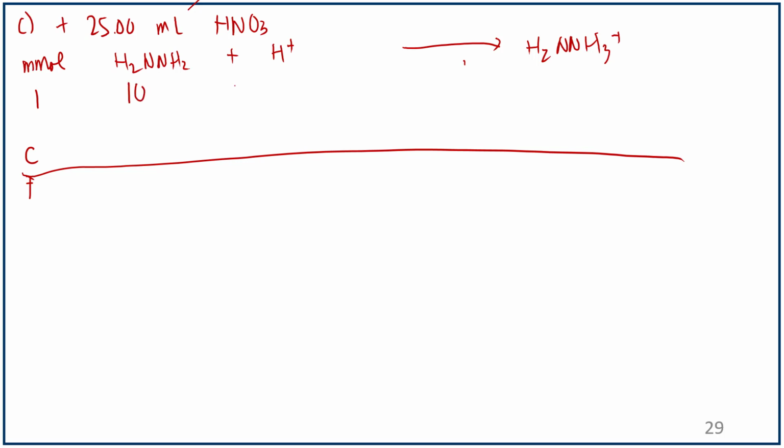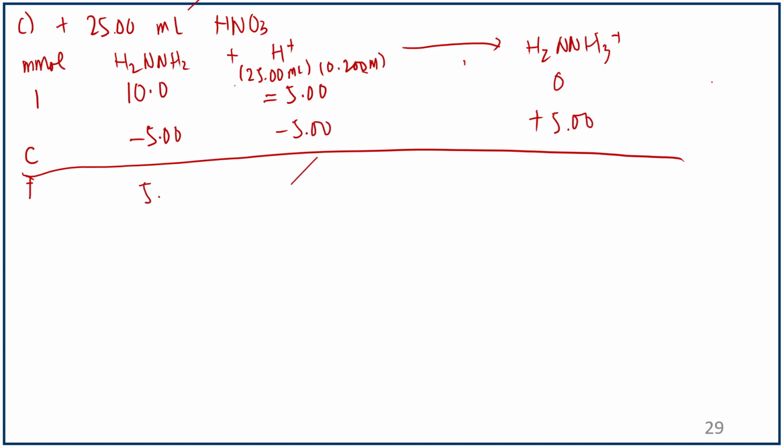So this is also 10 millimoles. And then this one will be 25.00 ml times 0.200 molar, which is equal to 5 millimoles, and then nothing of hydrazonium. Again, H plus is still the limiting reagent, so minus 5.00, minus 5.00, plus 5.00, and this will end up to be 5.0. This one will end up to be 0, and this one will be 5.00.